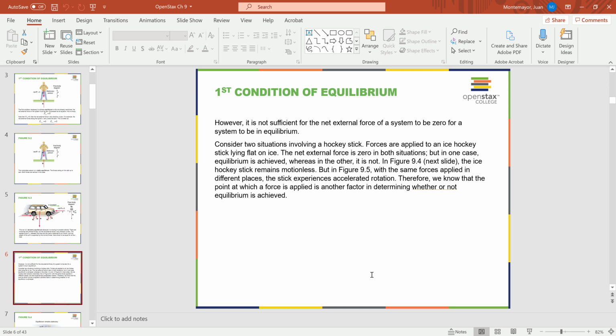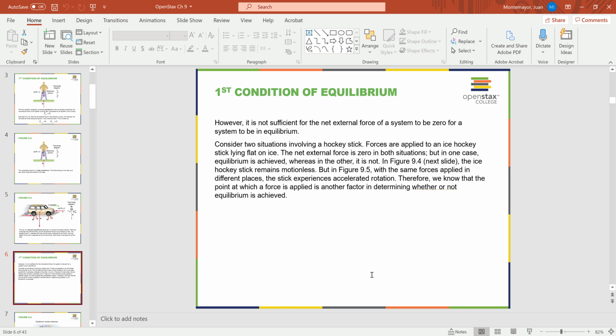However, it is not sufficient for the net external force of a system to be zero for the system to be in equilibrium. Consider two situations involving a hockey stick. Forces are applied to the ice hockey stick lying flat on ice. The net external force is zero in both situations, but in one case, equilibrium is achieved, whereas in the other, it is not.